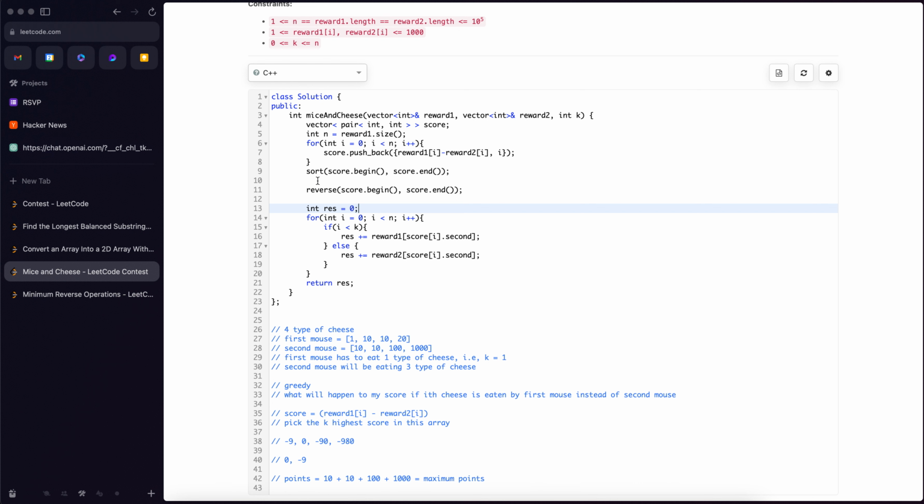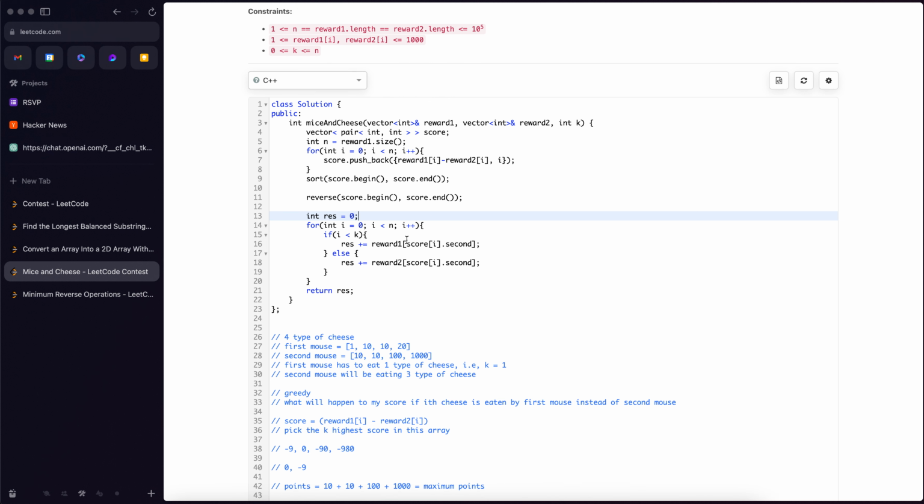So I would be picking the type of cheese on the basis of this score array, the first k maximum scores. I don't care about the score, I just care about the index. For the first k, the point value would be eaten by mouse 1.